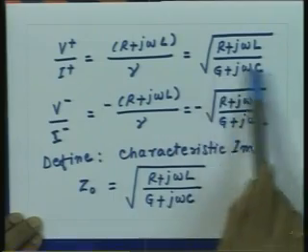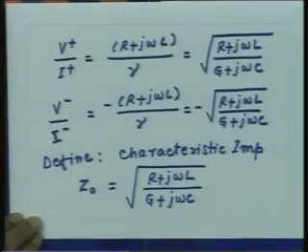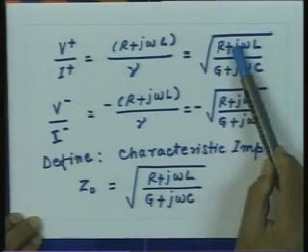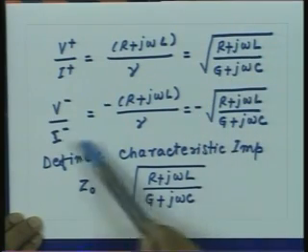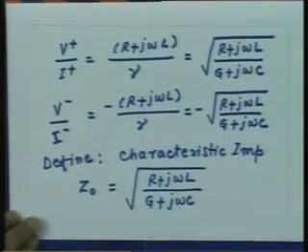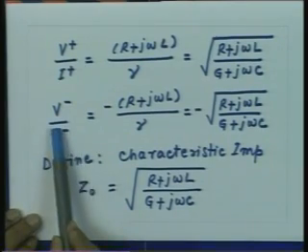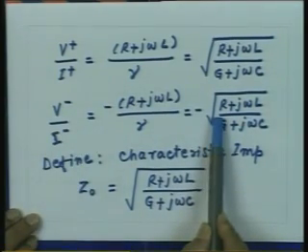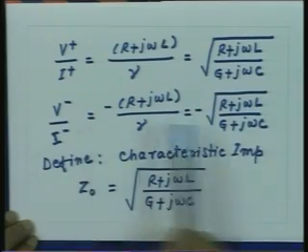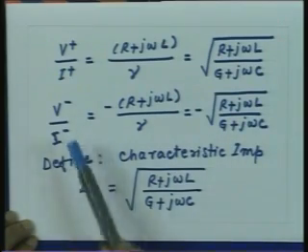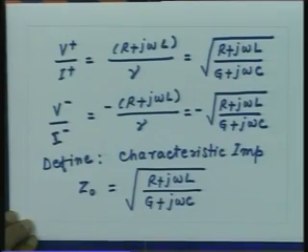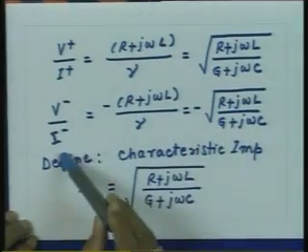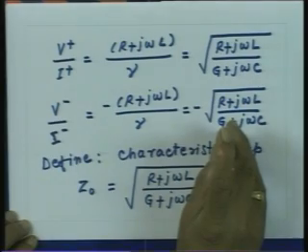If I look at, however, the backward wave, since this quantity Z naught is the same for these two, if the real part of this is positive, that which looks like a resistance, it will be negative for the backward travelling wave, or it will appear that the backward travelling wave sees a negative resistance as it travels in the positive direction. The wave is actually not travelling in the positive direction, the wave is actually travelling in the backward direction. But if I calculate the ratio of this, its impedance is equal to negative.